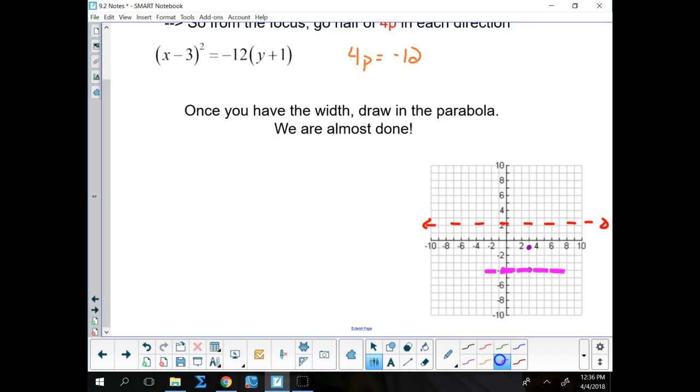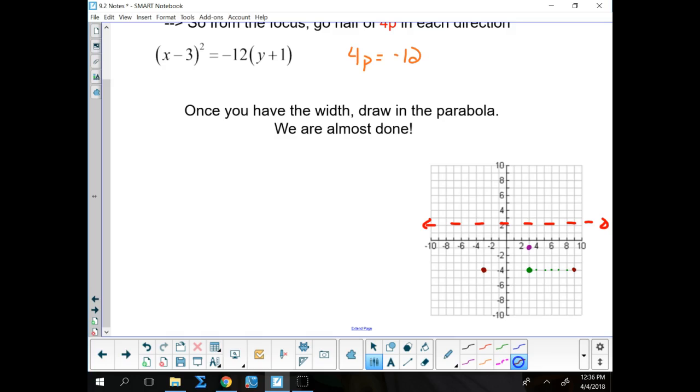So I'm going to go 6 to the left and 6 to the right. 1, 2, 3, 4, 5, and 6. 1, 2, 3, 4, 5, and 6. Okay?